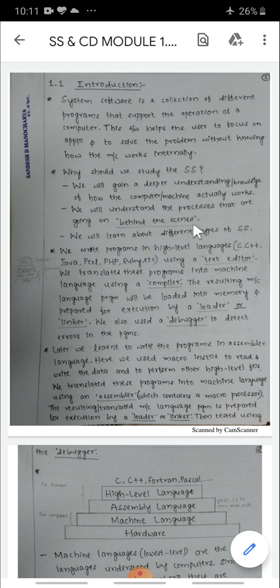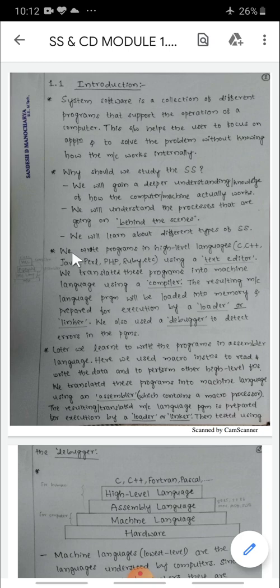On the monitor screen we perform so many tasks, but inside the machine, behind the scene, how those tasks are accomplished, we don't bother about. By studying system software, we will understand how the processes are going on behind the scenes. And third reason is we will learn about different types of system softwares.